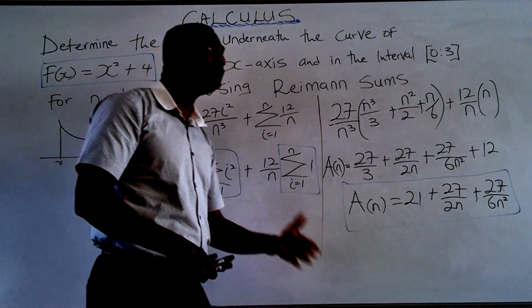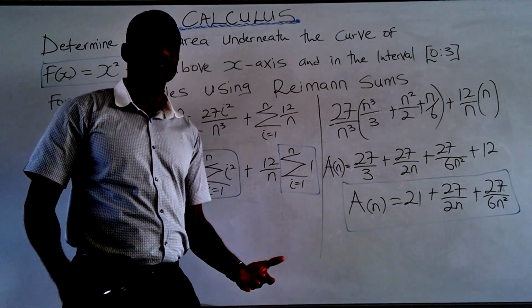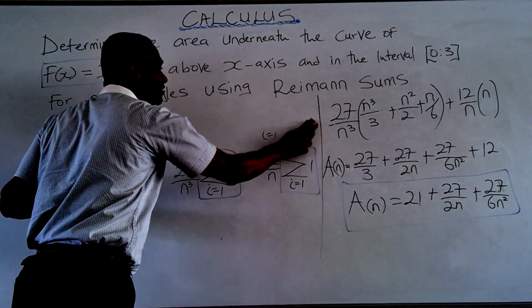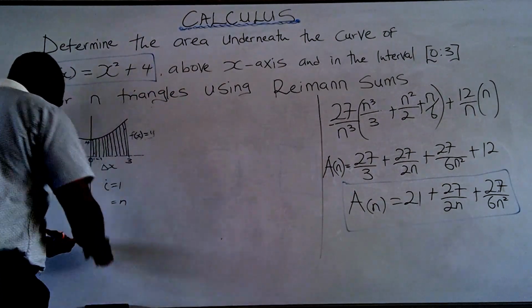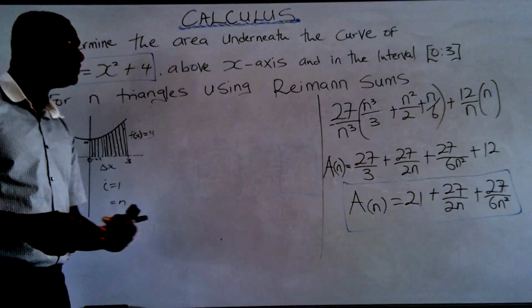Now, what do we do if we want to just calculate for any number of rectangles? For any number of rectangles, it means that our rectangles can grow and grow until infinity. It can become infinity.